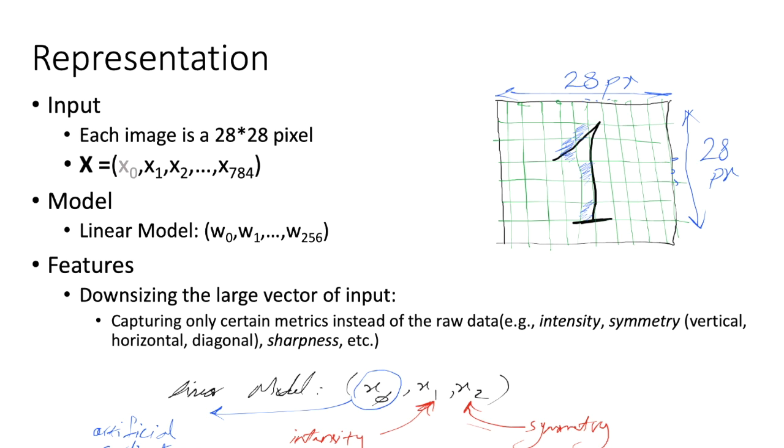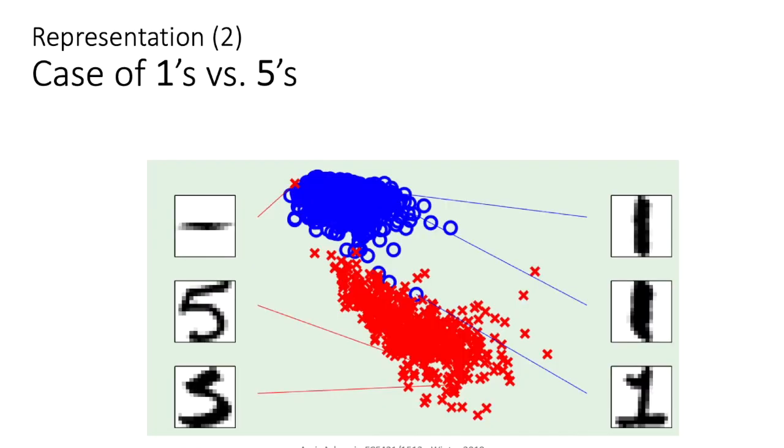So let's have a look at an example of a binary classification between two digits, like the case of ones and the case of fives. Let's see how the linear model that we trained performs. On the right side, you see some examples of the ones, and they are mostly generated with the blue here.